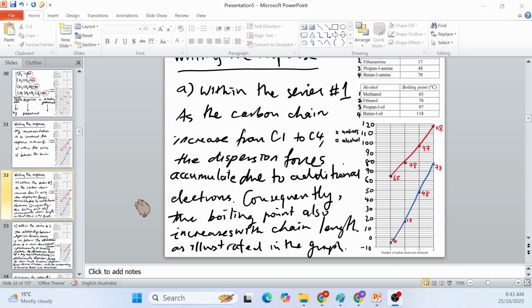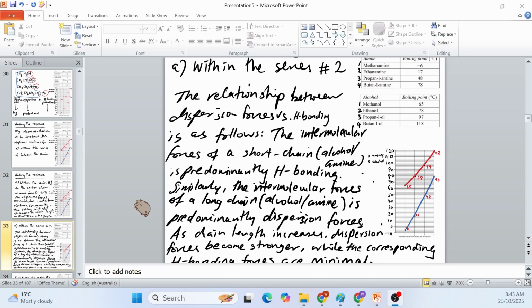Within the series, as the carbon chain increases from C1 to C4, the dispersion forces accumulate due to additional electrons. Consequently, the boiling point also increases with chain length, as illustrated in the graph. The relationship between dispersion forces versus hydrogen bonding is as follows.